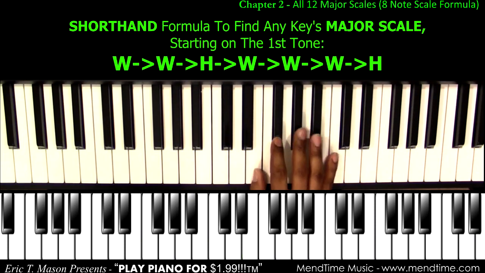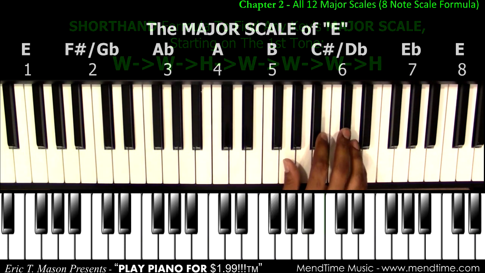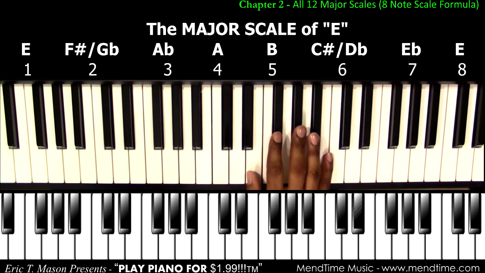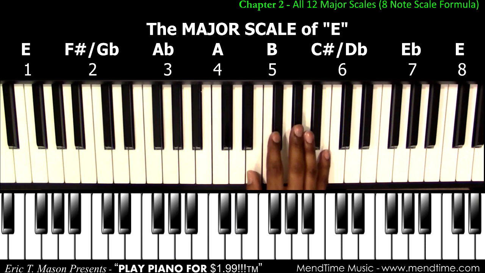Let's go. 1, 2, 3, 4, 5, 6, 7, 8. Let's do it again. It feels a little different. 1, 2, 3, 4, 5, 6, 7, 8. Now let's call out the letters.